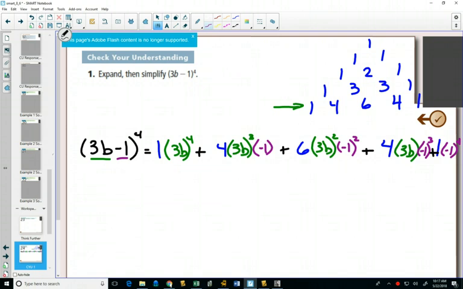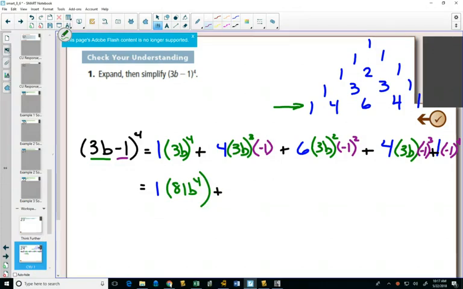So what I'm going to do for simplifying is simplify all of the exponents first. This may take a little bit longer, and there are probably some shortcuts you can do. Probably you wouldn't keep writing this 1 here, but I'm going to do it just to show that I am multiplying that exponent first.